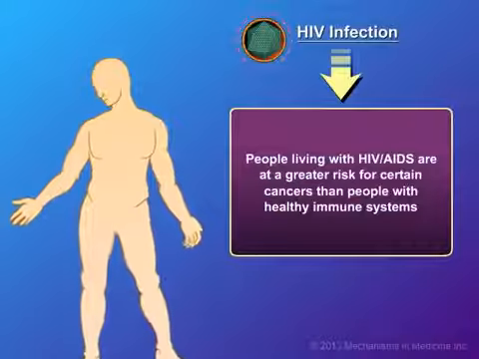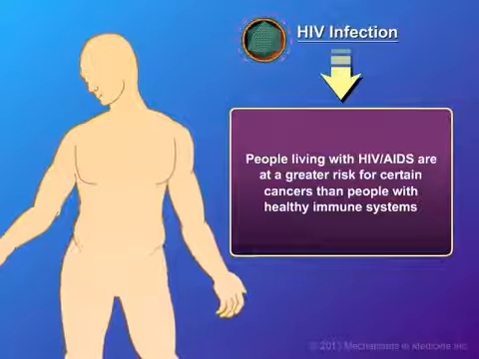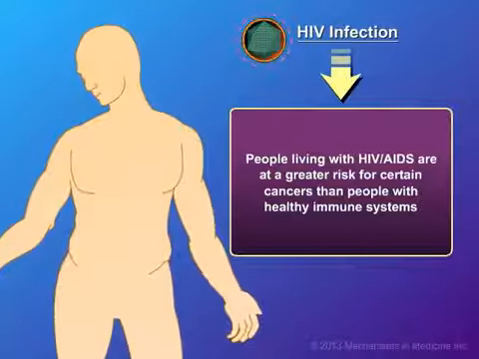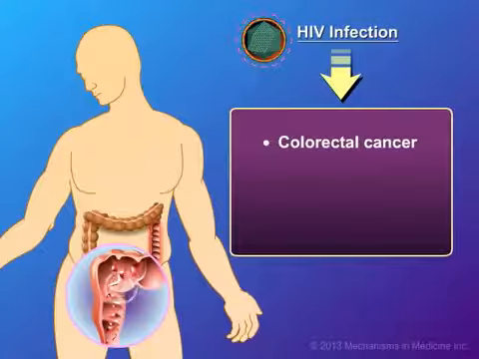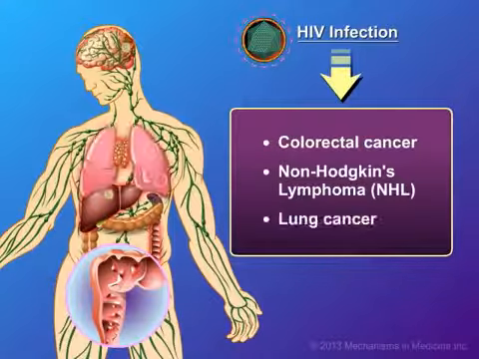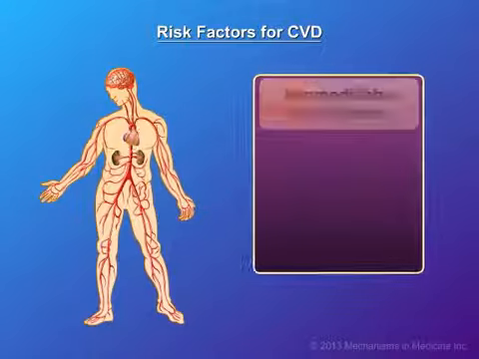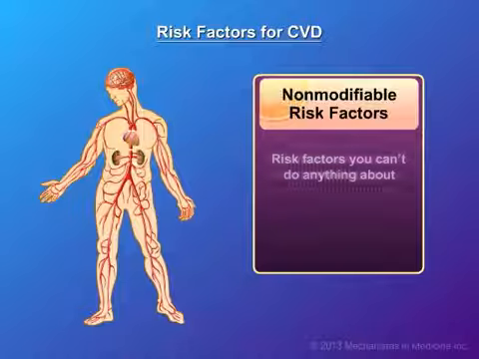People living with HIV or AIDS are at a greater risk for certain cancers than people with healthy immune systems, notably colorectal cancer, non-Hodgkin's lymphoma or NHL, and lung cancer. People living with HIV or AIDS may be at higher risk for developing primary and secondary cardiovascular disease. Non-modifiable risk factors are risk factors you can't do anything about.